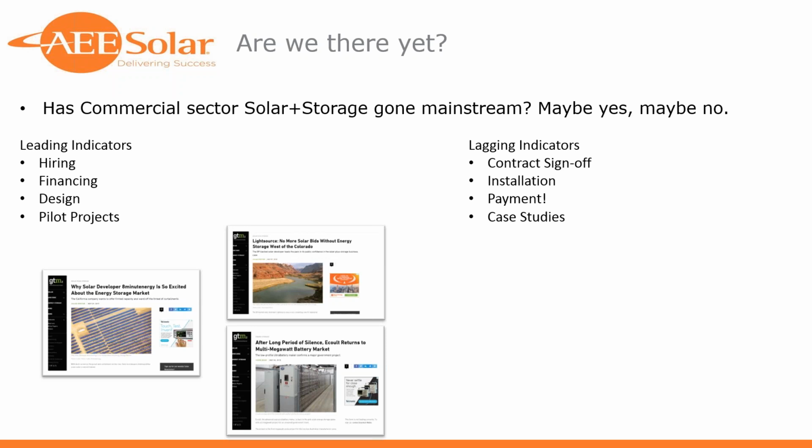That's all coming. The takeaway here is all of the leading indicators indicate that this is growing. This is happening now, and we haven't yet seen the lagging indicators hit the market. So, my takeaway here is we're in the process of being mainstream on behind the meter solar plus storage for the commercial sector.